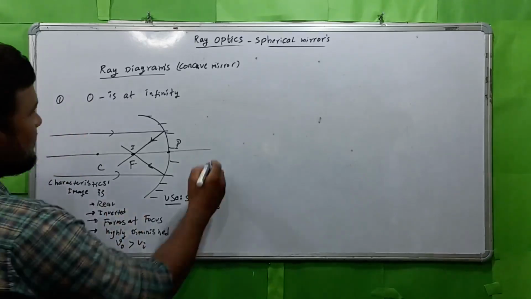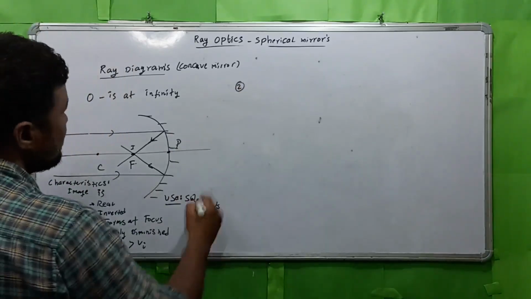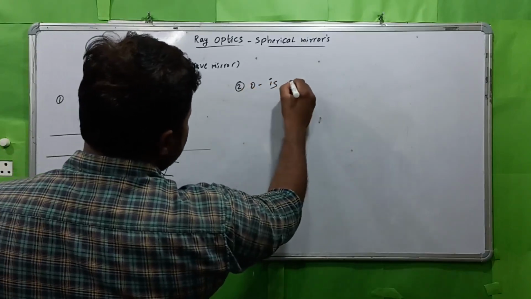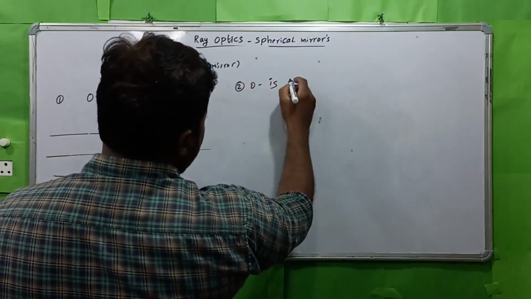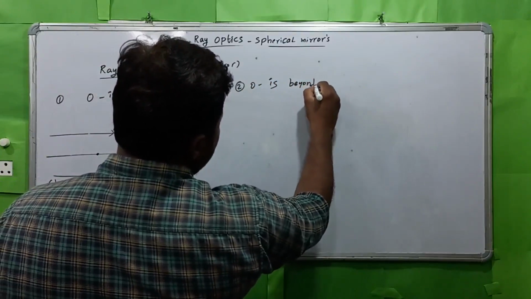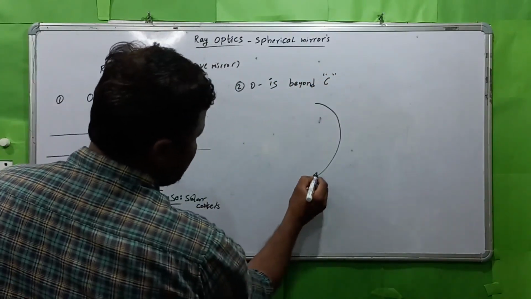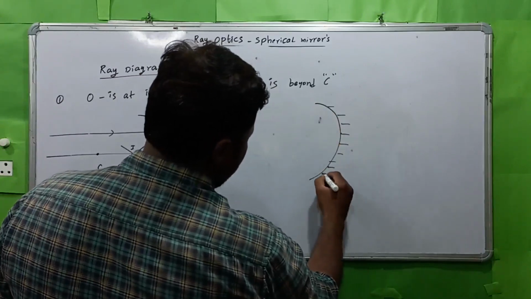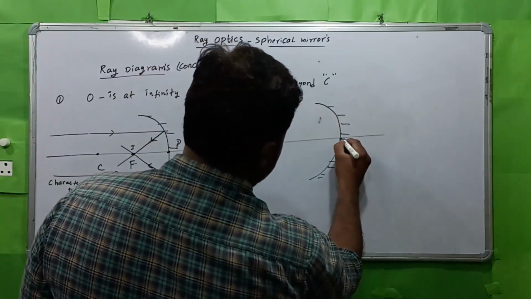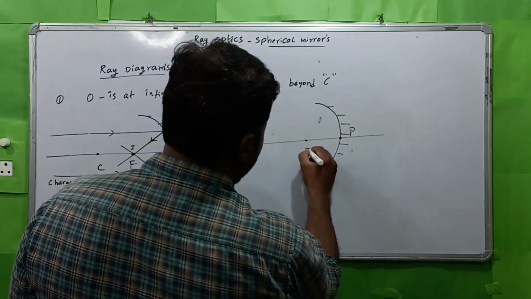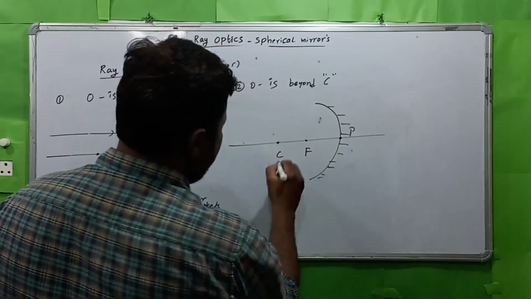Diagram number 1 done. Next, the object is beyond the center of curvature, beyond C. Pole, focus, center of curvature.